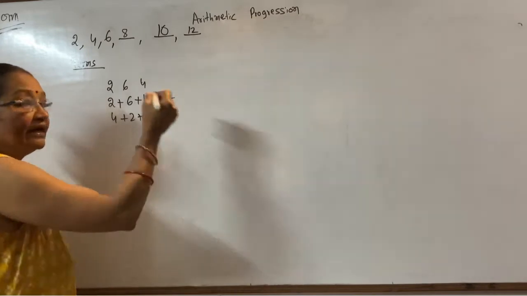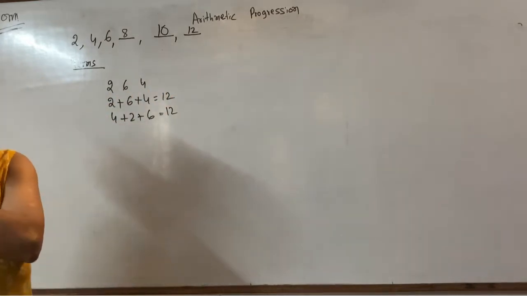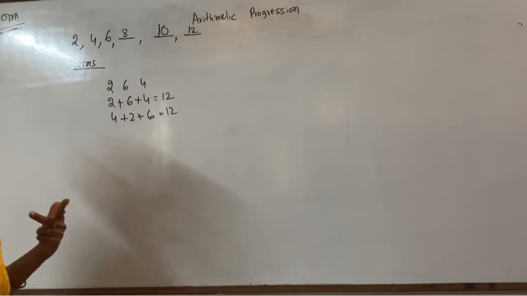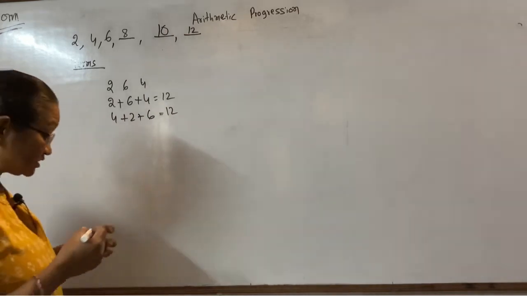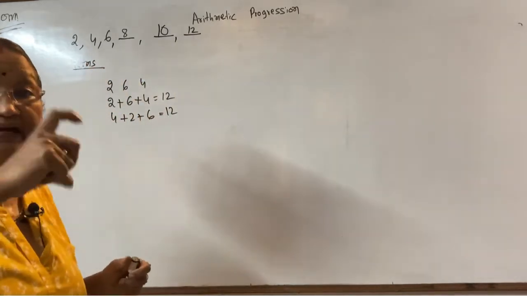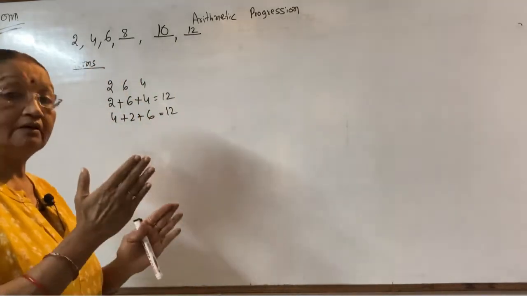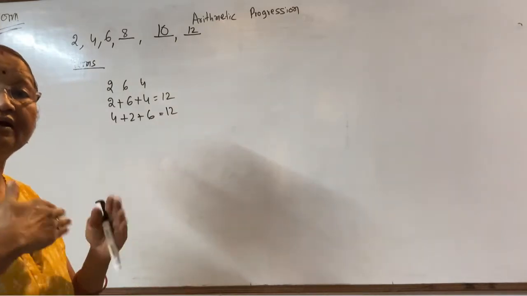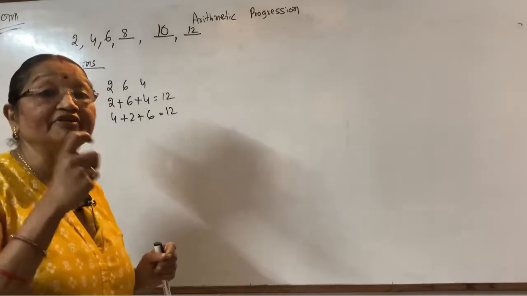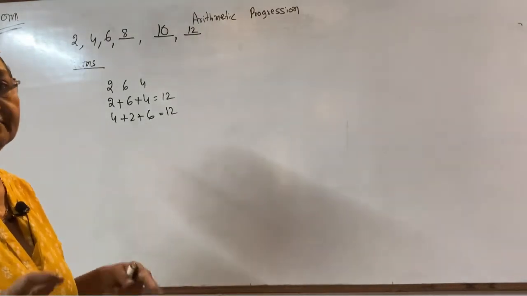Any way you arrange it, it comes the same. But in sequence means what? So the numbers should be arranged in a pattern, so that from the first number, if you want to get the second number, you have to add a fixed number to get the next number.